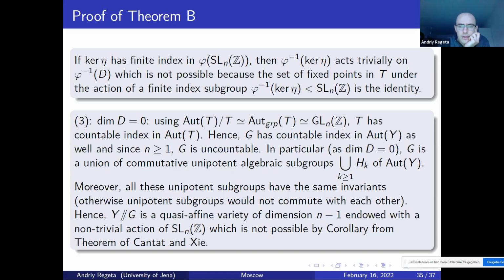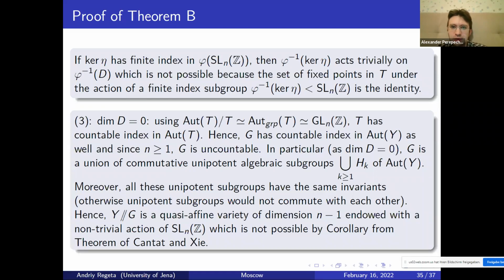Yeah. But let's take a picture as follows. We take an A2, a two-dimensional commutative unipotent subgroup, which acts with two-dimensional orbits, and you take different one-dimensional subgroups in there. They commute, they have different invariants, but what breaks?